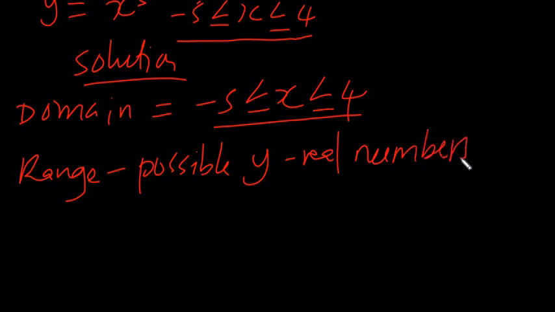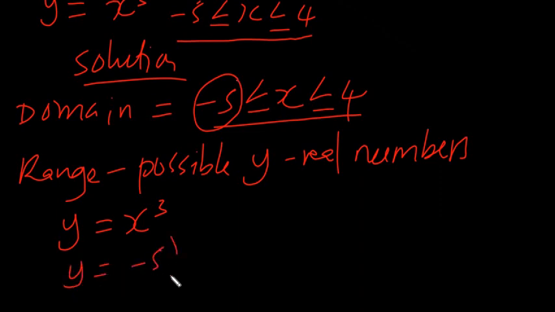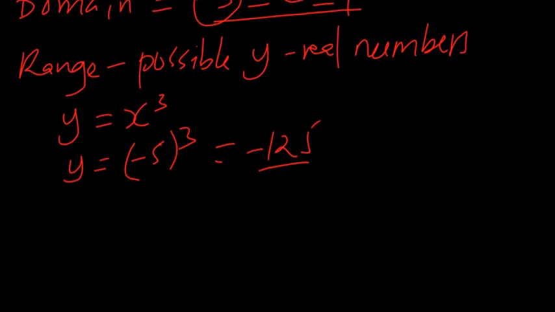Now if we take, for example, my equation y is equal to x cubed, meaning that if I take the first value of this interval, if I take the value of x to be negative 5, it will be y is equal to negative 5 cubed, which is actually negative 125. That is a possible value in this interval.